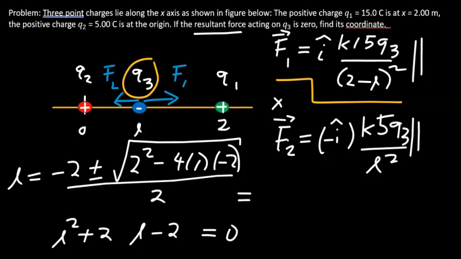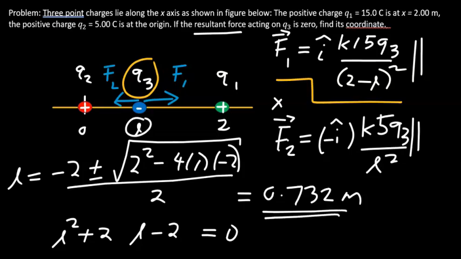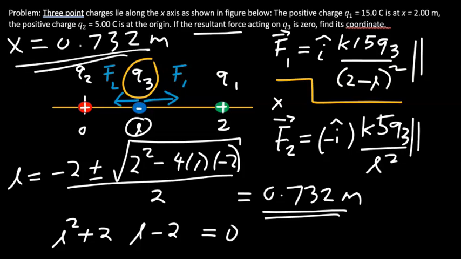And you choose the positive solution because L is a positive number, and you will get 0.732 meter as the answer. So the coordinate for Q3 is x equals 0.732 meter. And that solves the problem.